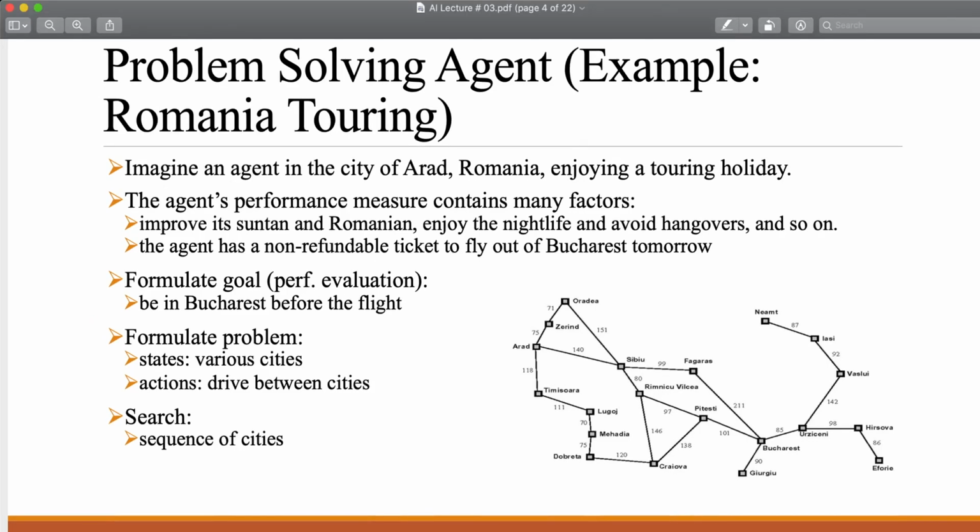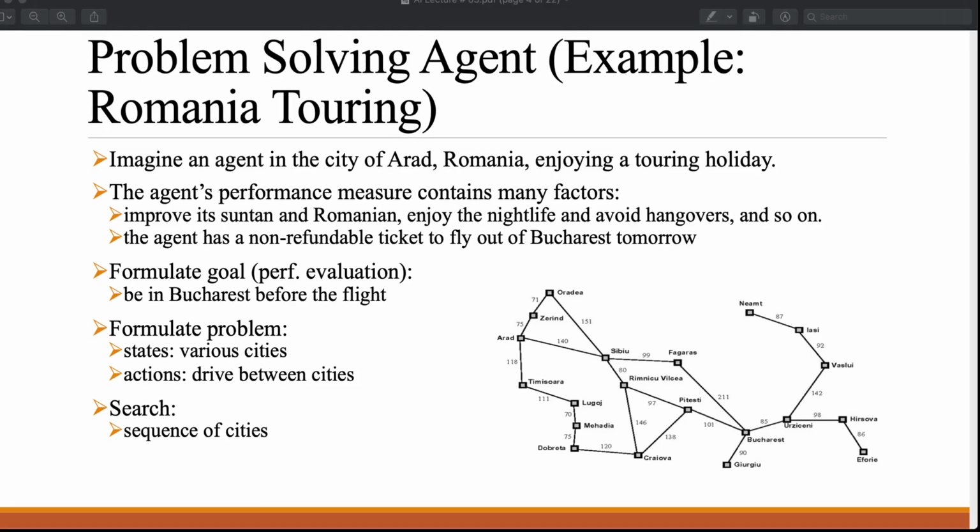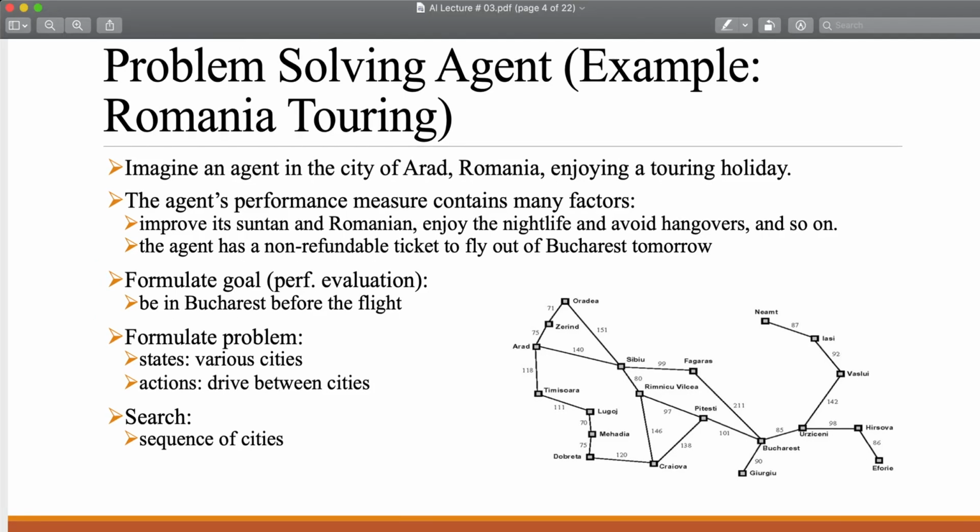One of the performance measures could be to improve the suntan in Romania. A suntan is basically the darkish shade that is developed due to the sun.